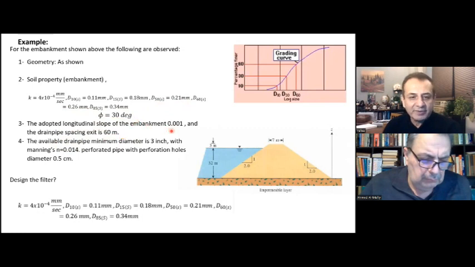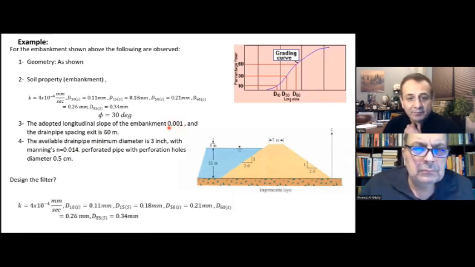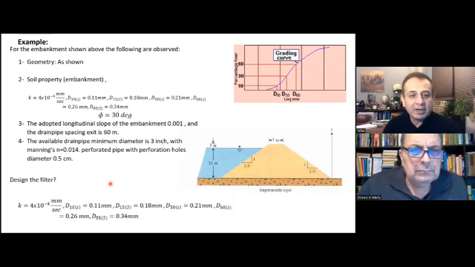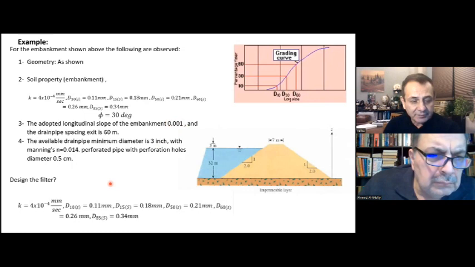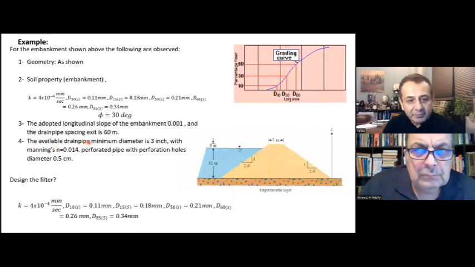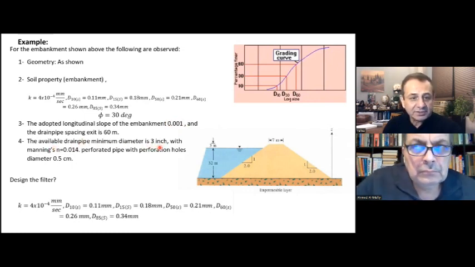And we assume that the embankment has a slope of 0.001. If it doesn't, then we can adopt a slope of 0.001 for the pipe and check if the design of the pipe will check or not. The available drain pipe minimum diameter is 3 inches with Manning's n 0.014, a perforated pipe with perforation hole diameter 0.5 centimeter.